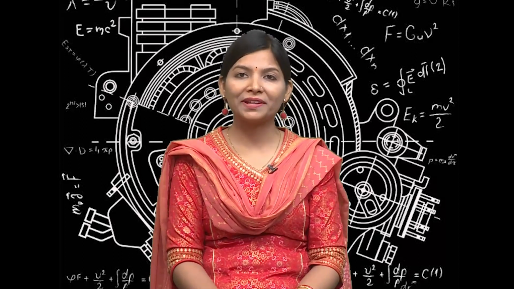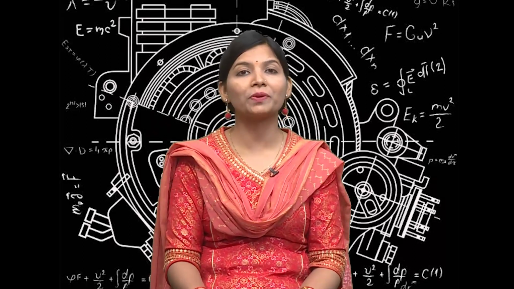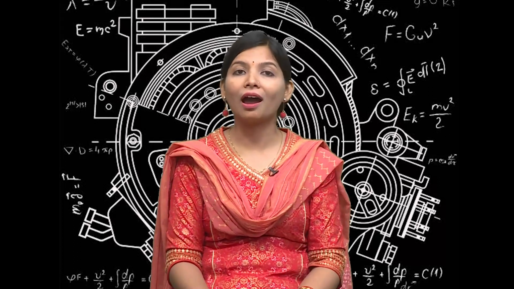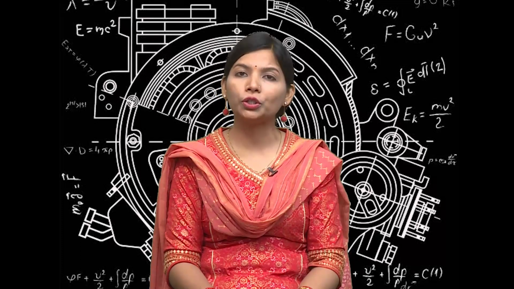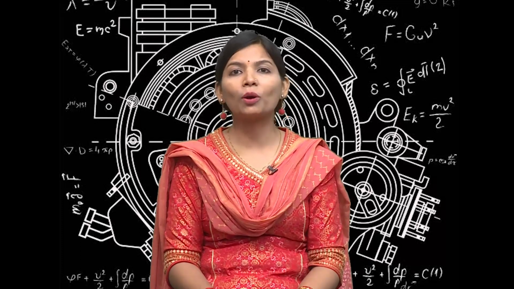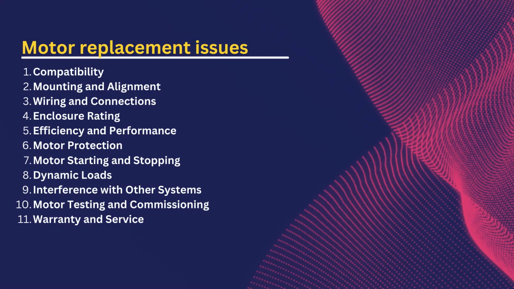Now, motor replacement issues. Motor replacement can be a complex process and several issues may arise during or after the replacement. It is essential to address these issues to ensure the successful installation and operation of the new motor. Some common motor replacement issues include compatibility.